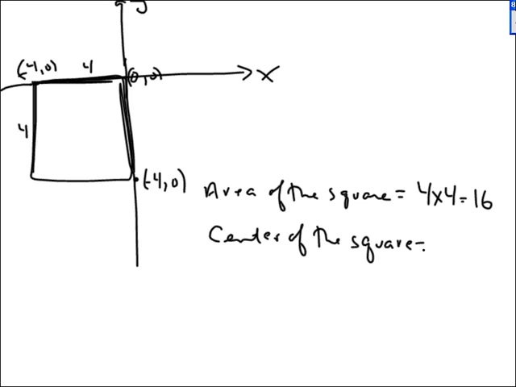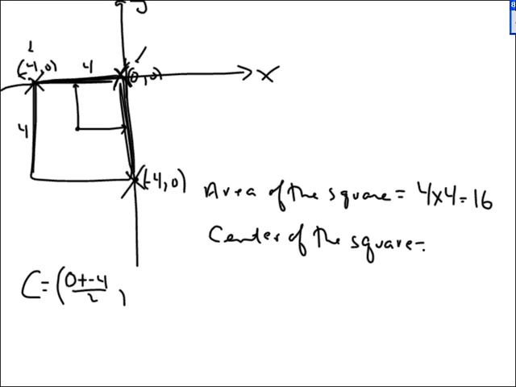Now, I want to know what that center is. Well, if you think about it, the x value of the center is going to be in between those 2 points. And the y value of the center is going to be between those 2 points. The x value of the center will be the average of the x values, 0 and -4.